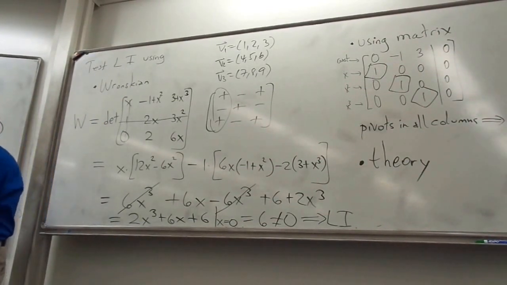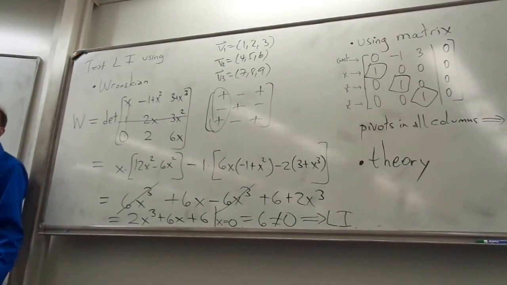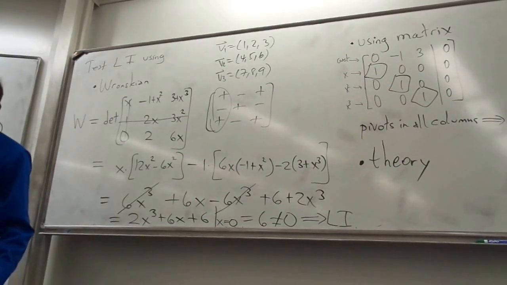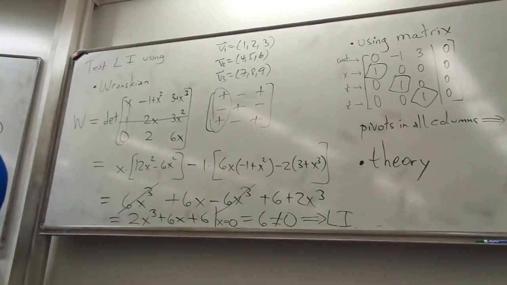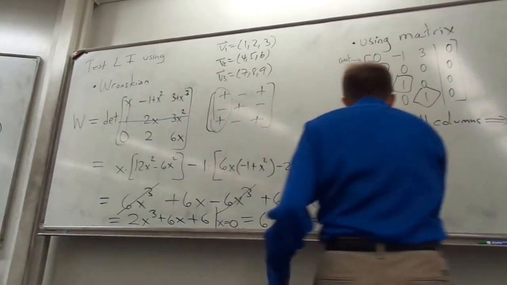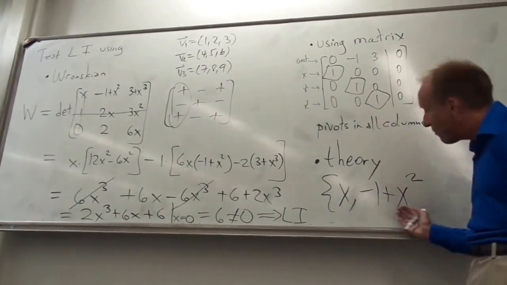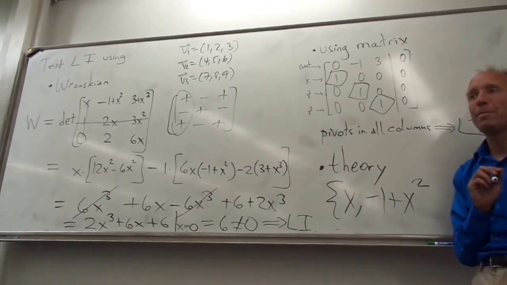But I agree with the overall principle here that I can look at this one theoretically and tell you that these are definitely Li. Why is that? Well, I can certainly say that the first two vectors, let me just write them here, are definitely not multiples of each other.